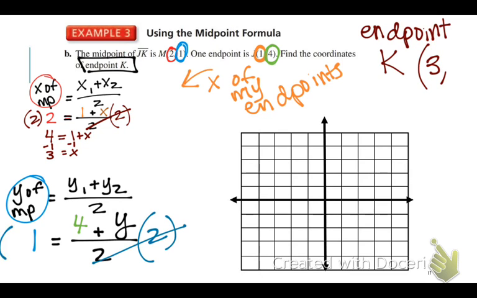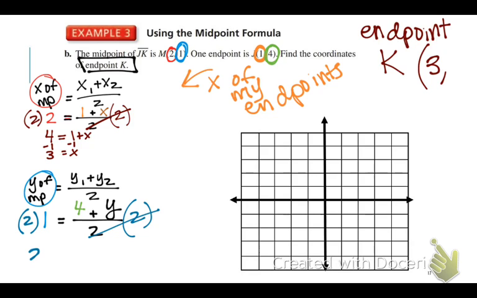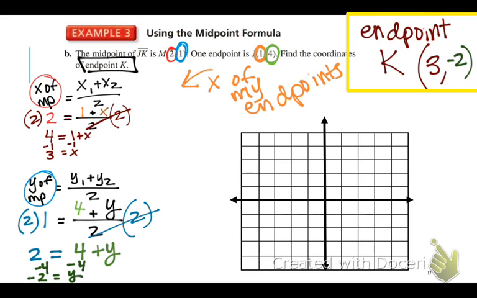This gets rid of my denominator. On the left, I have 1 times 2, which is 2. And on the right, I have 4 plus y. What's my last step? Subtract 4. So y equals -2. So for my endpoint, my y is -2. This is my actual answer.